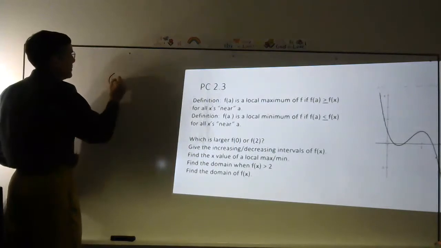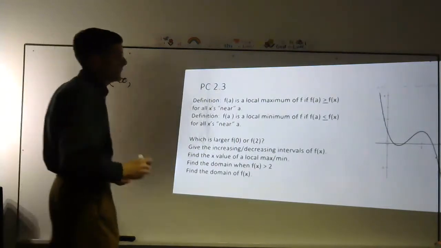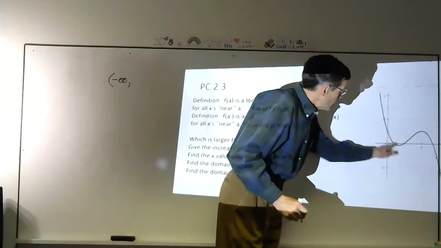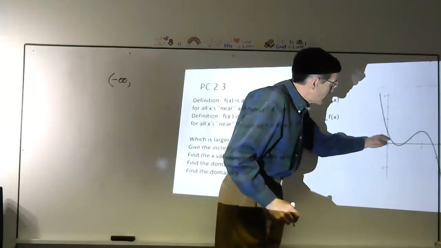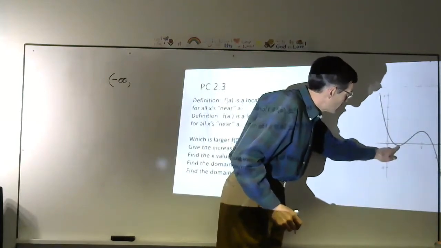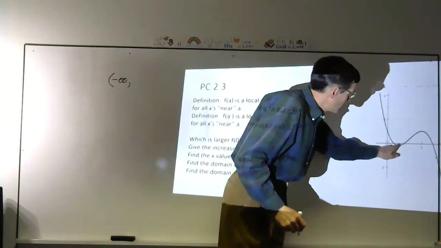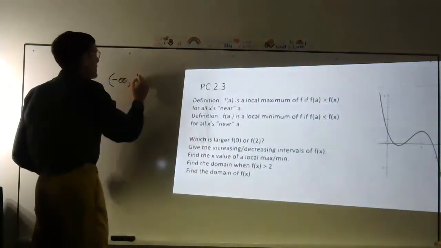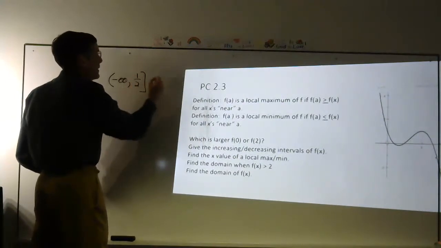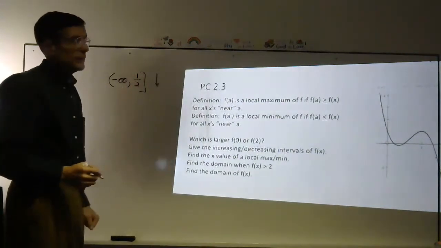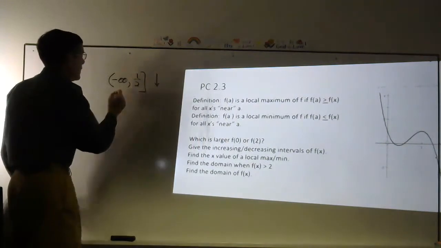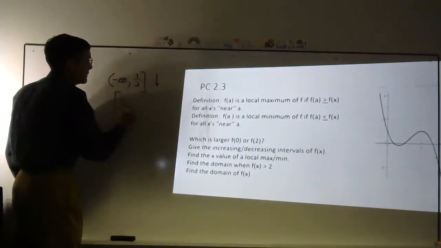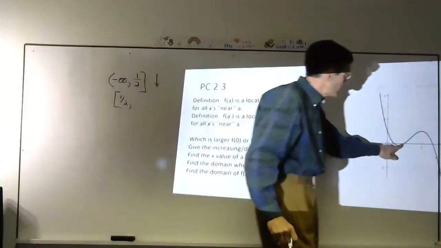So, from negative infinity to this thing, see how it's coming down? It's coming down, it's coming down, it's coming down. It's looking like that is roughly at a half. From negative infinity to a half, the curve is decreasing. Then from a half, it starts increasing.